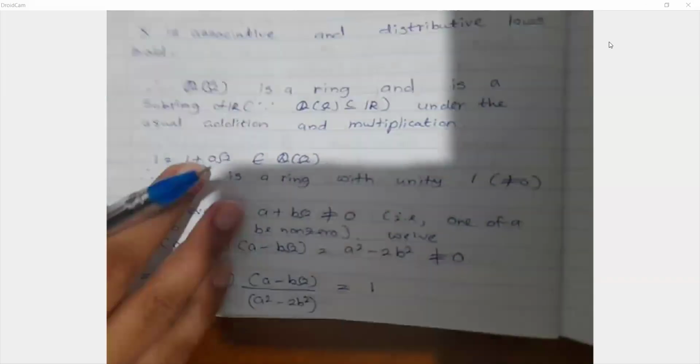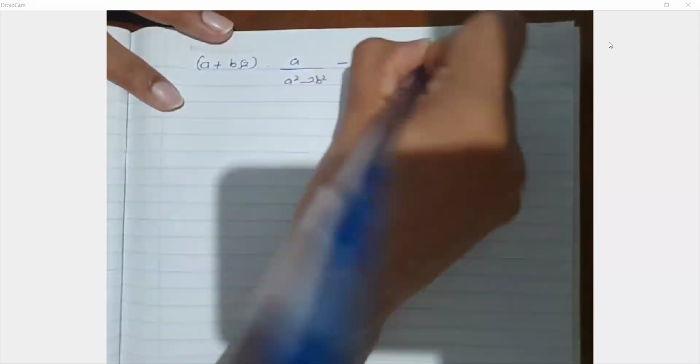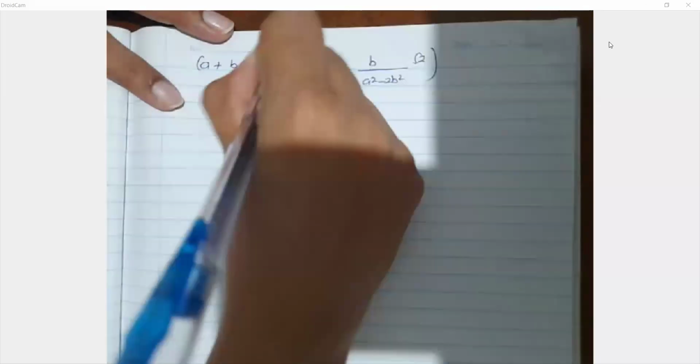How can we see this? If we rearrange the terms properly, we have a plus b root 2 times a over a squared minus 2b squared minus b over a squared minus 2b squared times root 2. This is equal to 1.